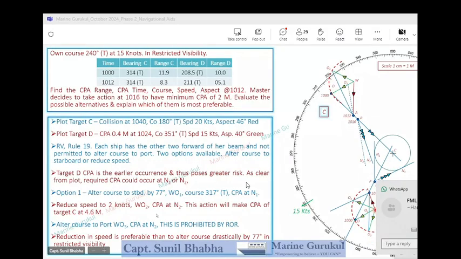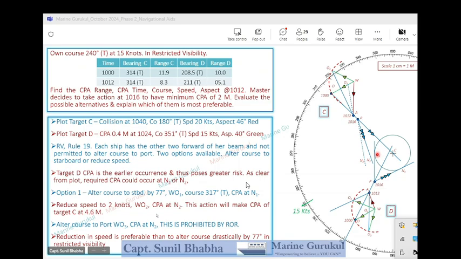So if own ship alters course to WO3, then WO3A would become our new triangle. O3A would be the new relative line of approach. Effective at 1016, that means at point Papa, this relative line of approach would take the target on Papa November 2 track, and it will have a CPA of 2 nautical miles.